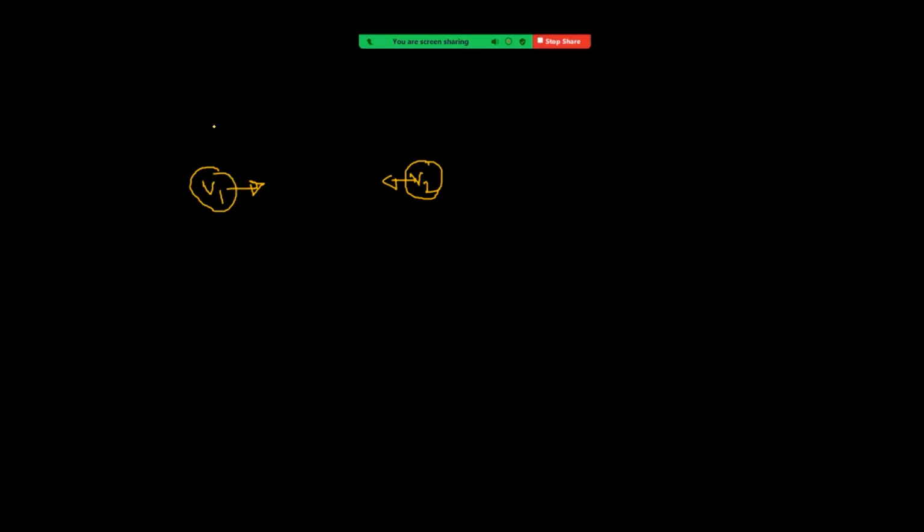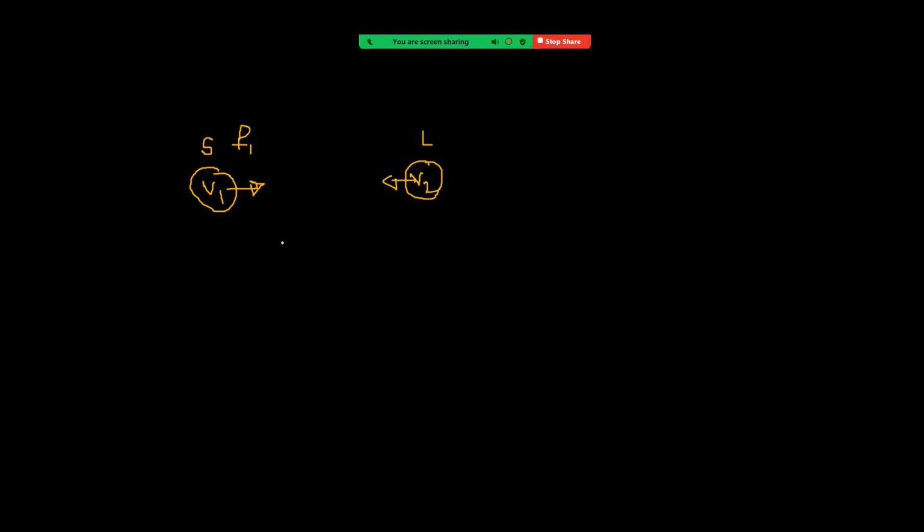One is now emitting sound. Let us say this is now the source, and this vehicle is now the listener. The frequency of the source vehicle is f1, and the frequency observed by this vehicle is f2.